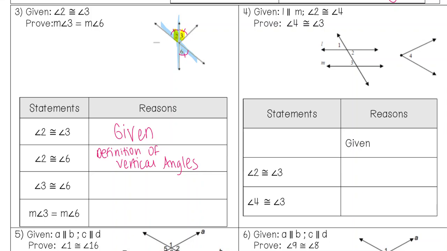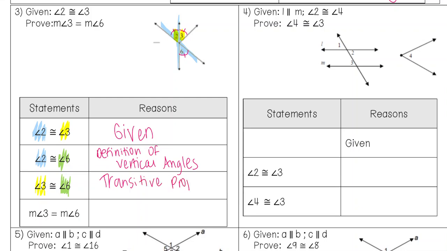Then looking down at the next line, I can see that angle 3 is congruent to angle 6. Thinking back to what we said in the example above, we've got angle 2 that is congruent now to two separate angles individually. So we can make the claim, using our transitive property, that those two angles are actually congruent to each other.